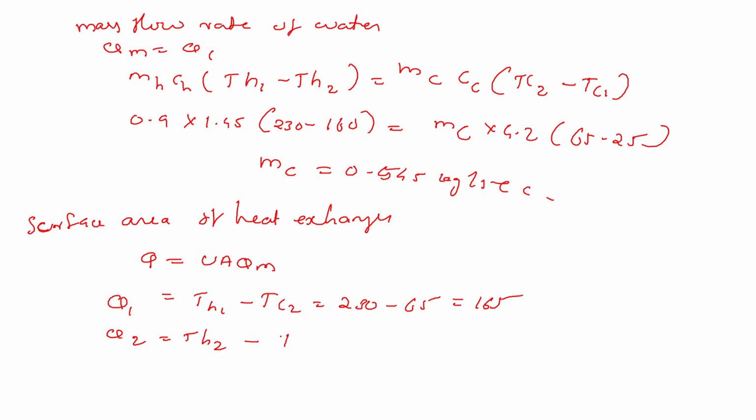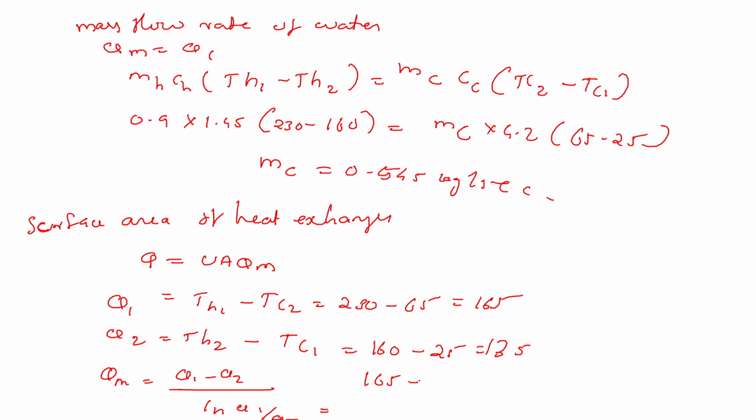Q2, Th2 minus Tc1, is equal to 160 minus 25, that will be 135. Now del Qm will be Q1 minus Q2 divided by log Q1 divided by Q2. So it will be 165 minus 135 divided by log 165 divided by 135. It will be 149.5 degrees Celsius.